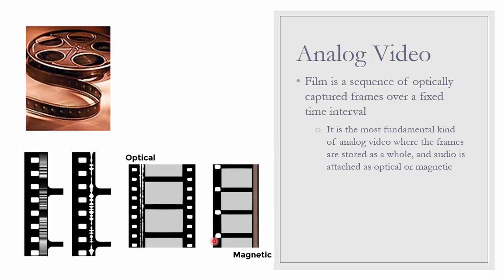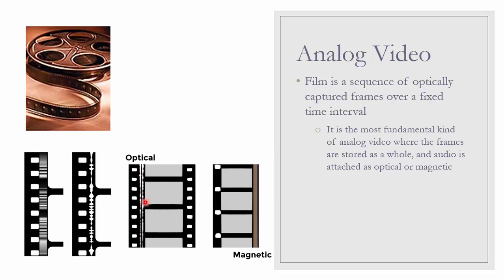This is a film reel with magnetic audio attached side by side with the frame, and this one is the film reel attached with sound, but the audio information or the sound information is attached as optical information.